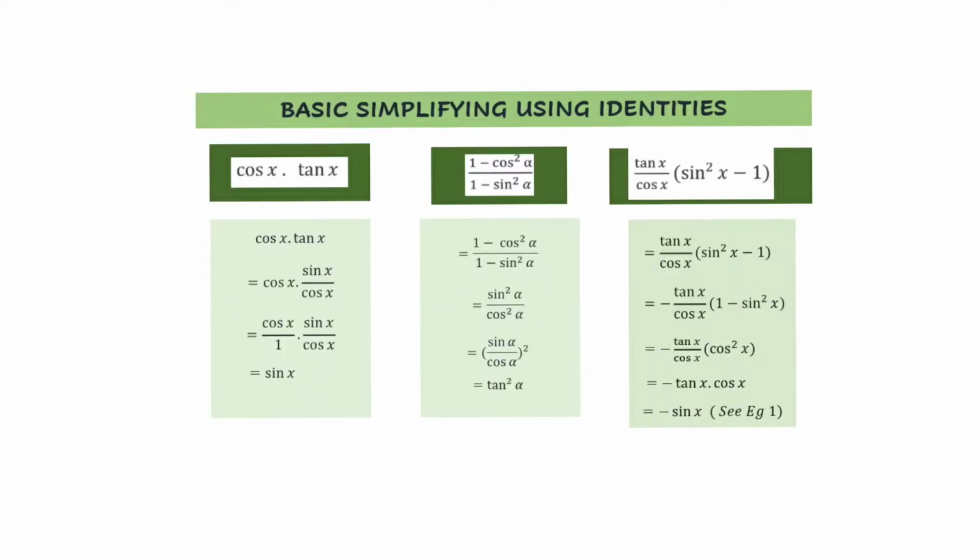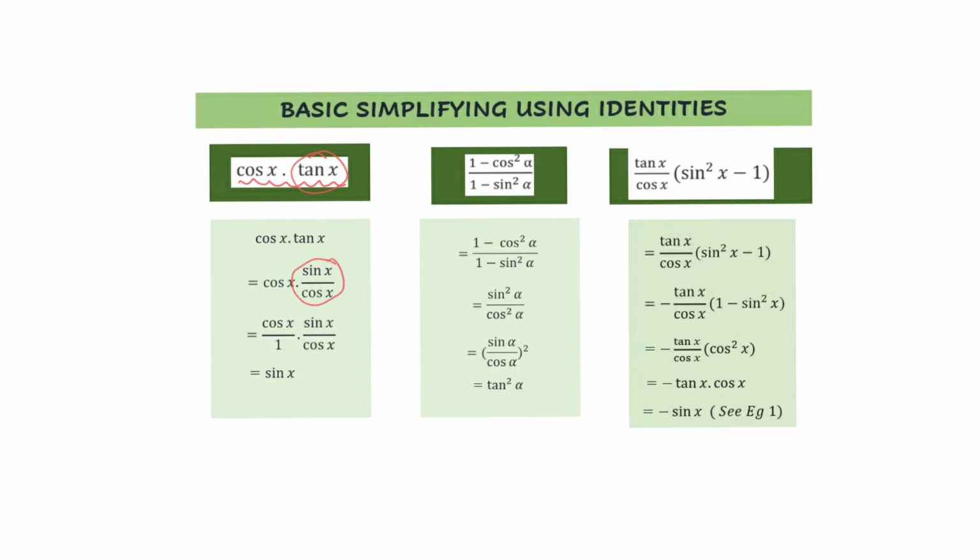Okay, so let's finally look at three little examples where we used trig identities to simplify other identities. If you see any identity with a tan in, always substitute it with sin over cos.